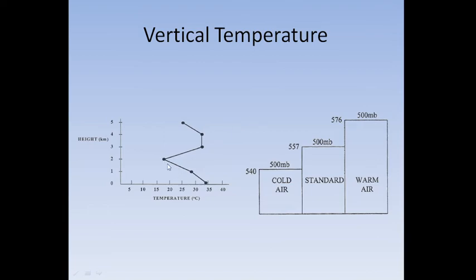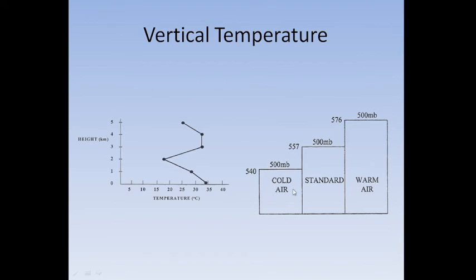So you could call that the troposphere, tropopause, and then the stratosphere. So stratosphere is stable, tropopause is the transition point in between. That's isothermal.